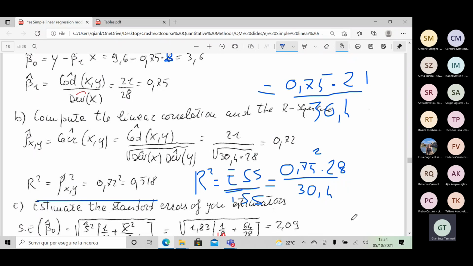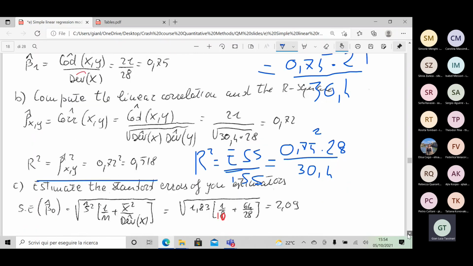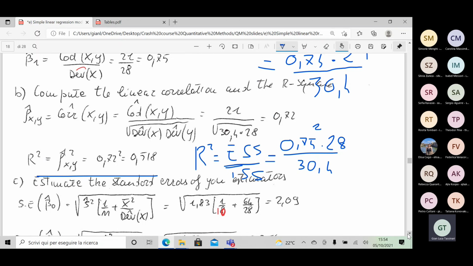This is the formula I explained this morning, and I outlined it in blue to tell you that it was important. Then I asked you to estimate the standard errors of the estimator. If you have such a question or something similar, I will provide you this formula because I do not ask you to remember it, as I told you several times. Here I reported the formula: the square root of s hat square times 1 over n plus x bar squared over the deviance of x.